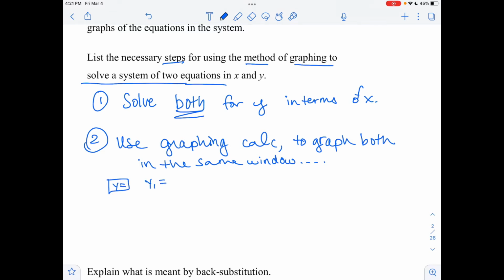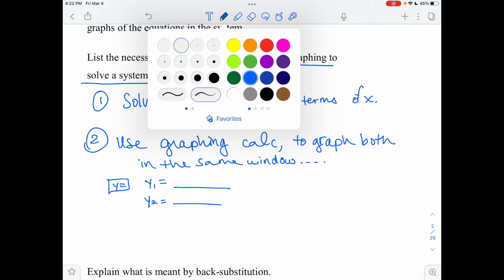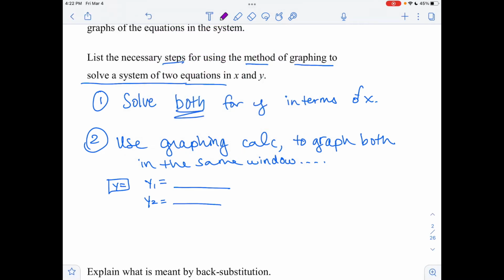Under Y1, you're going to put your first function. Under Y2, you're going to put your second function. And then, in order to graph them, you're just going to hit graph. If they're not in the same window, you can hit zoom, 6, to reset it to standard.